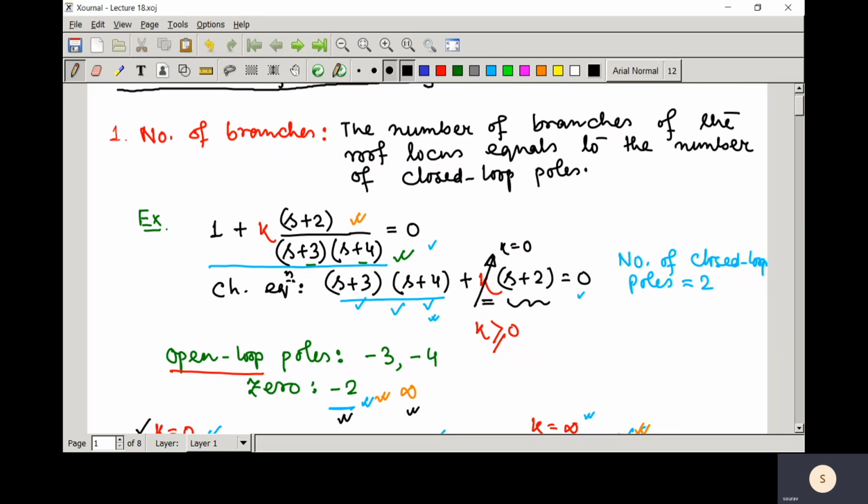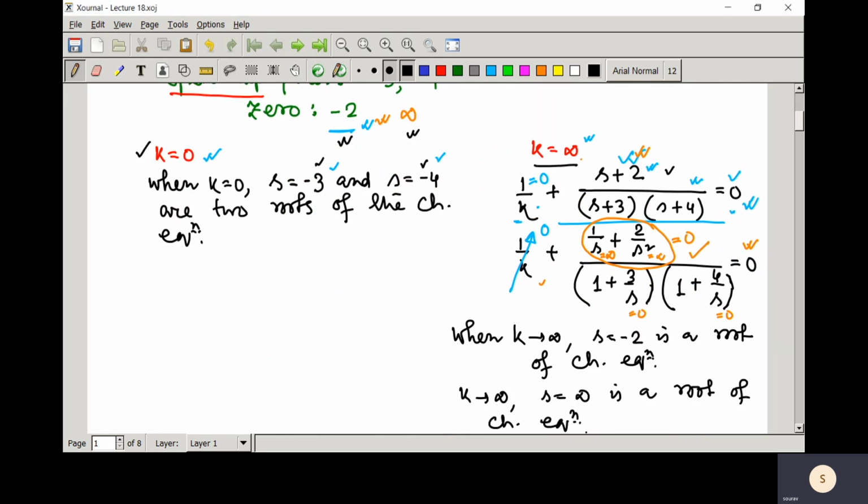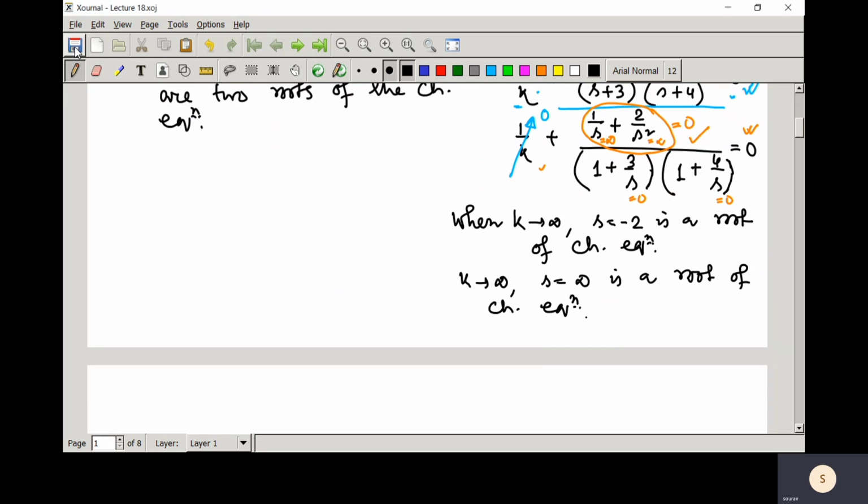At K equal to 0, the open loop poles are the closed loop poles, and when K tends to infinity, the open loop zeros are actually the closed loop poles. So this is a very interesting result.